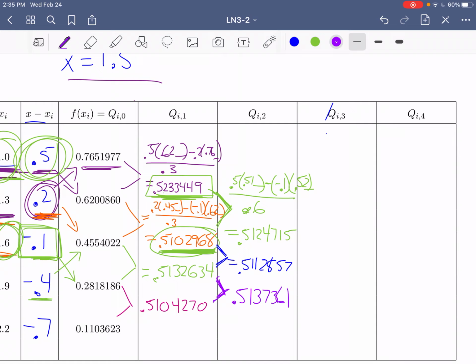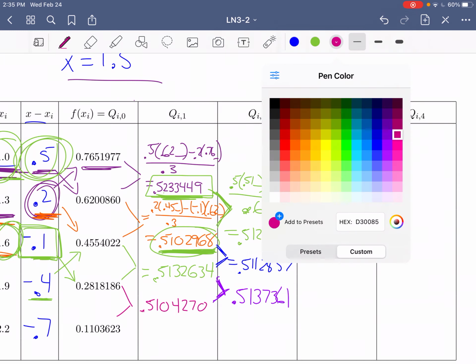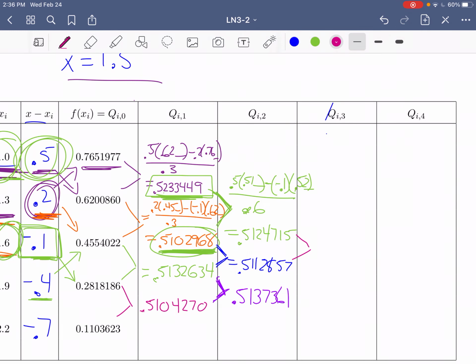And then we construct again, right? And so we're going to build our next estimate off of our previous estimates. Right? And so we can combine these two. When we combine those two using Neville's methodology, we have 0.511827. When we combine those two, we have 0.5118302.